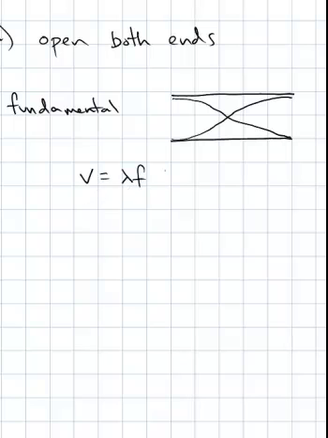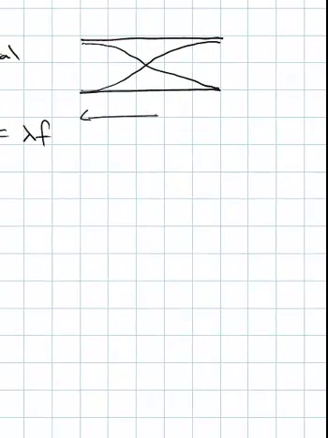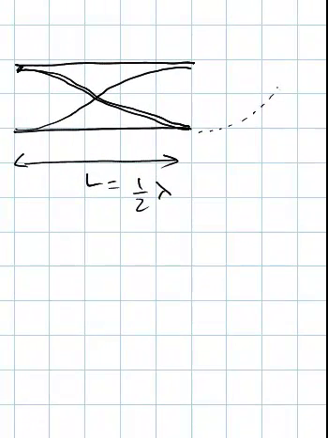And we know in this case the length of our pipe, L, has to be equal to half of a wavelength, right? 1/2 lambda. Because we start at this end at a maximum, we go down to a minimum. If we could continue, that would be the rest of our wave. That would be one wavelength. So the length of the pipe is half the wavelength.